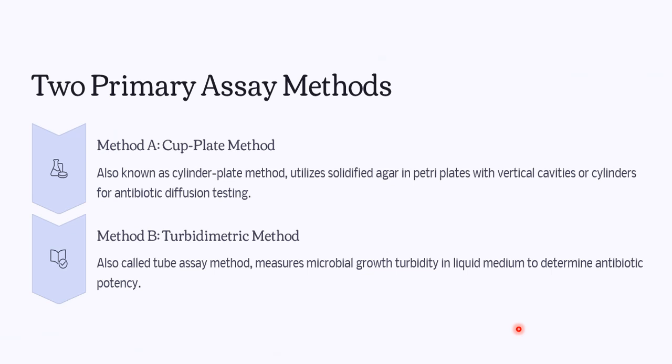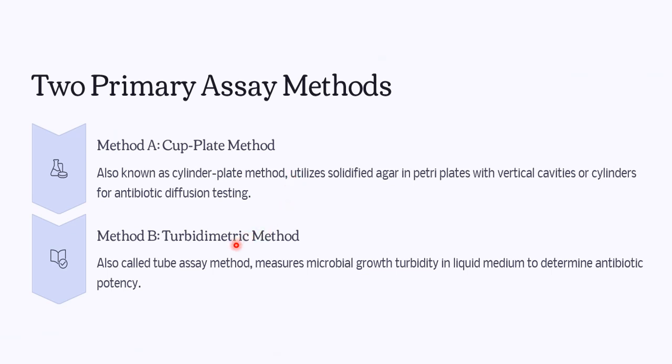The serial dilution method is also known as the turbidimetric method, and the diffusion method is also known as the cup plate method. The serial dilution method is method B, the turbidimetric method, and the diffusion method is method A, the cup plate method. The cup plate method is also known as the cylinder plate method, which utilizes solidified agar in petri plates with vertical cavities or cylinders for antibiotic diffusion testing.